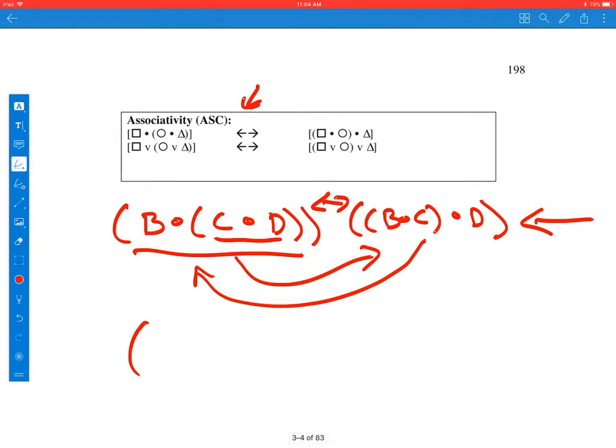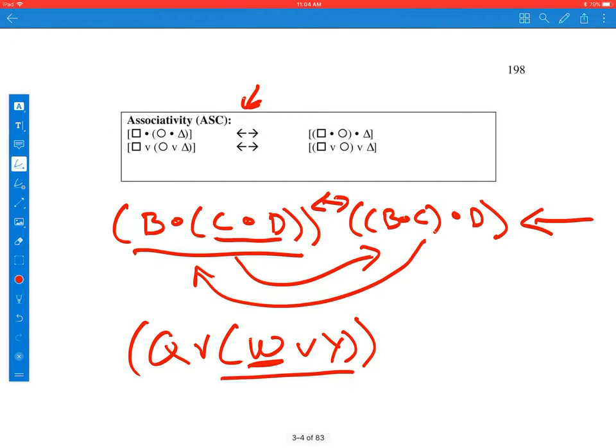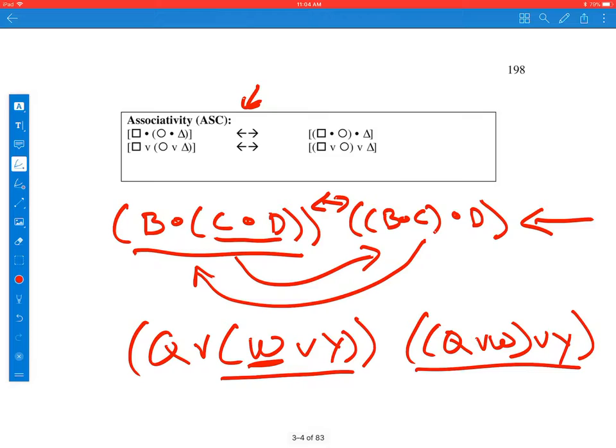So let's suppose that we have Q or (W or Y). The W is grouped with the Y. We can, by associativity, regroup things, so we'd have (Q or W) or Y. Okay, why might you want to use this rule?